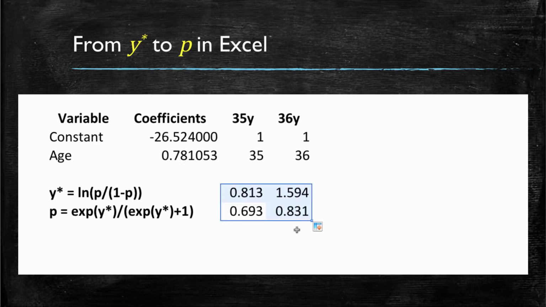Note that my y star now increased to 1.594, and the probability of this customer subscribing went all the way up to 83%. If I compute the change of this, I found that the probability increased by 13 percentage points, which is quite a bit.